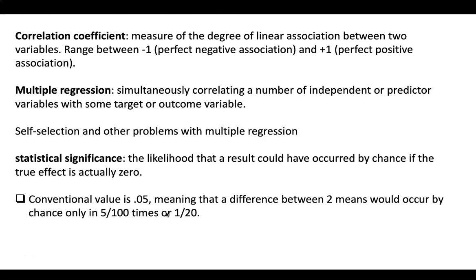There can be a negative association, though, where fewer hours of education actually lead to a lower income, that sort of thing. So correlation coefficient is basically a measure of that degree of association between those two variables.